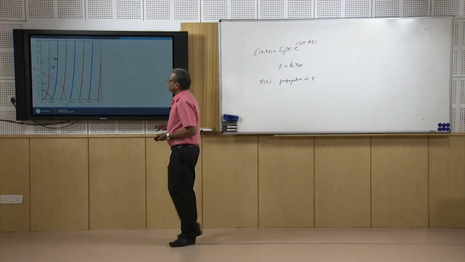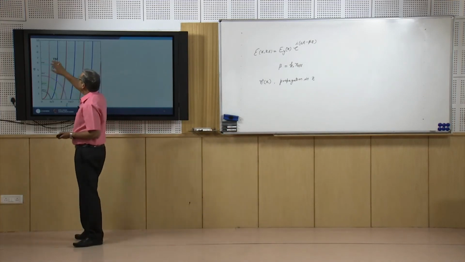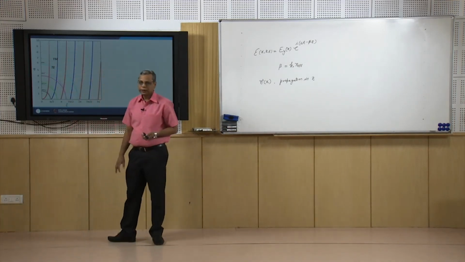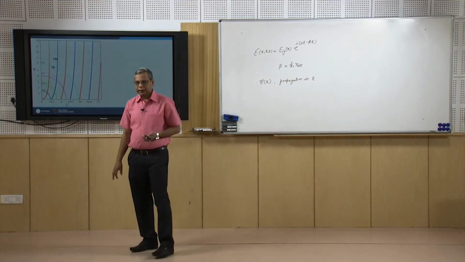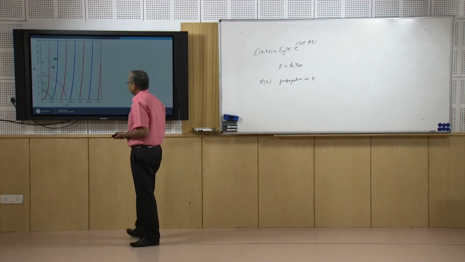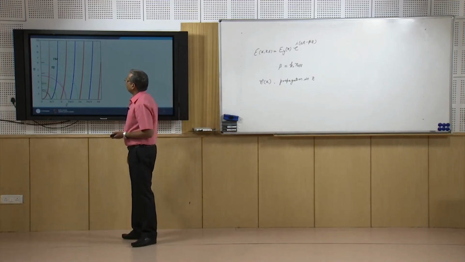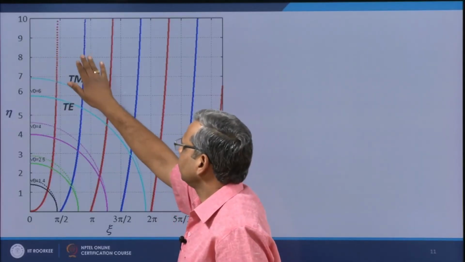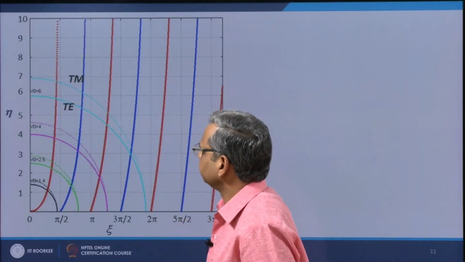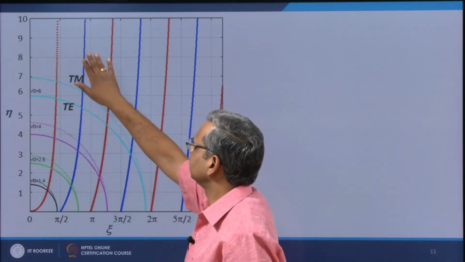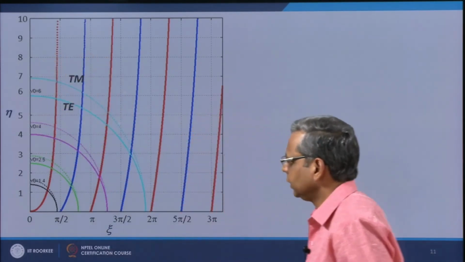So, I do this. Again these red curves show eta is equal to n1 square over n2 square xi tan xi, and so this is for symmetric modes, this is for anti-symmetric modes. Sorry, this is eta is equal to xi tan xi, it is eta is equal to minus xi cot xi.